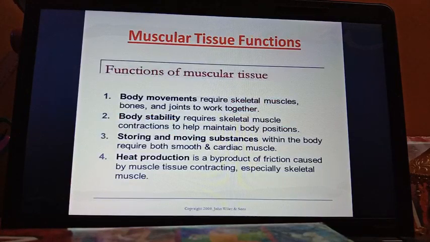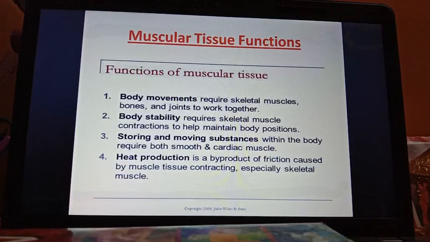Now, what is the function of cardiac muscle? It contracts and relaxes without rest. Contraction and relaxation of cardiac muscle cause pumping of the heart.